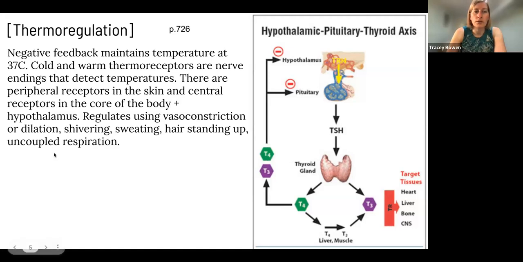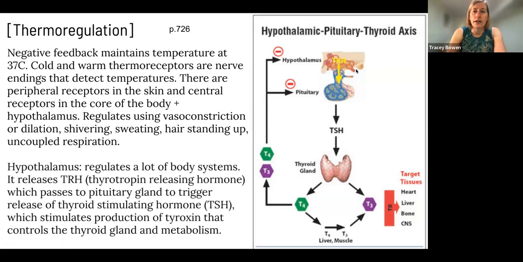And then uncoupled respiration. This is important in small mammals. Uncoupled respiration is where brown fat cells have mitochondria, and those mitochondria actually make heat for the body, not ATP. So this is a useful tool for small mammals to keep themselves warm in cold conditions.